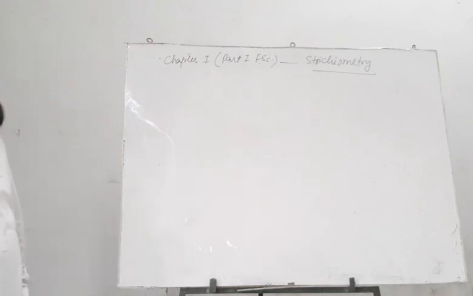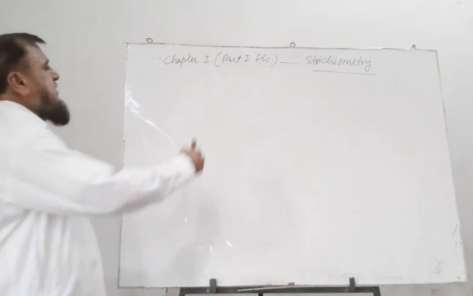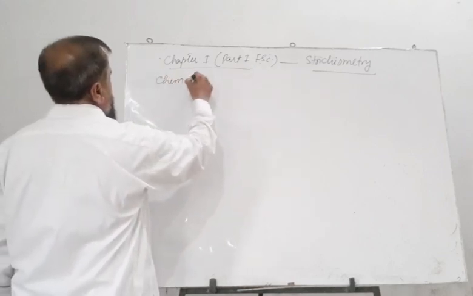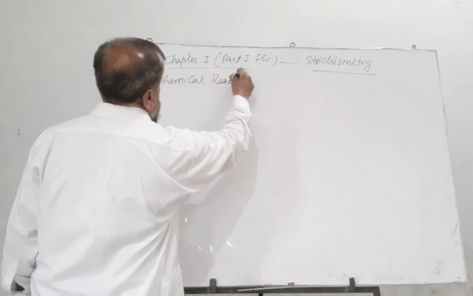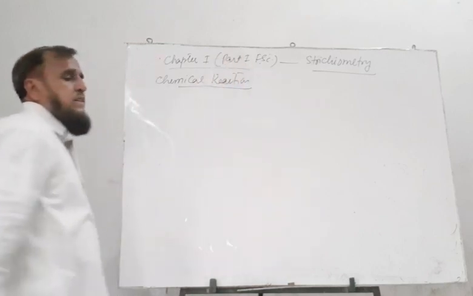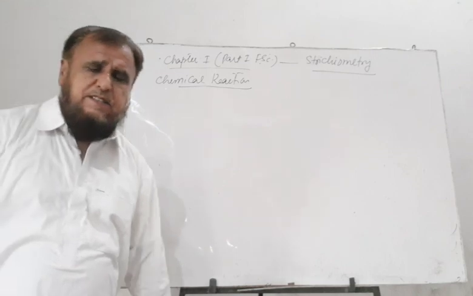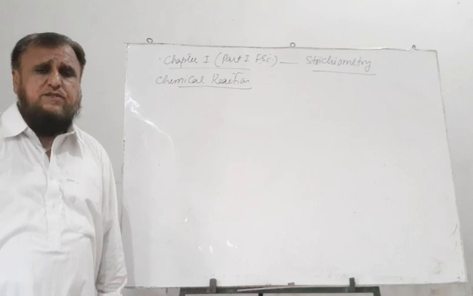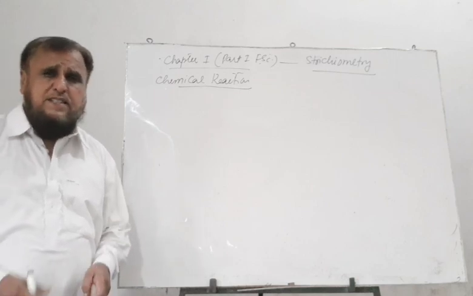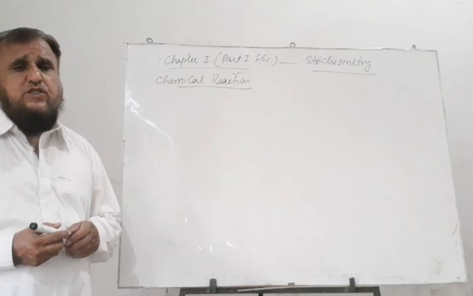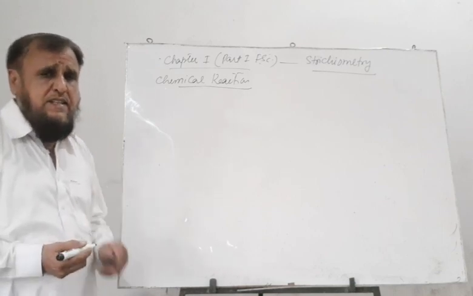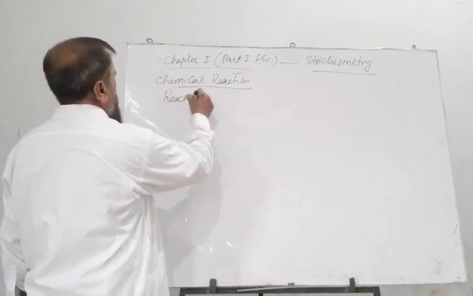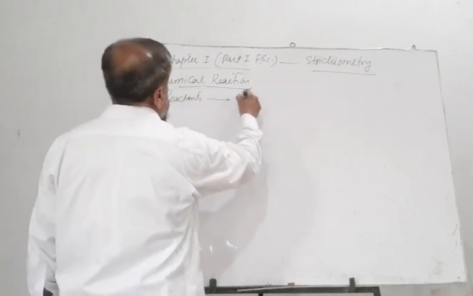Stoichiometry. What is stoichiometry? First of all, you would ask the question: what is meant by chemical reaction? We start with the term chemical reaction. A chemical reaction is a process in which one kind of substances are converted into other kind of substances. One kind of substances, which are known as reactants, are changed into other kind of substances, which are known as products.